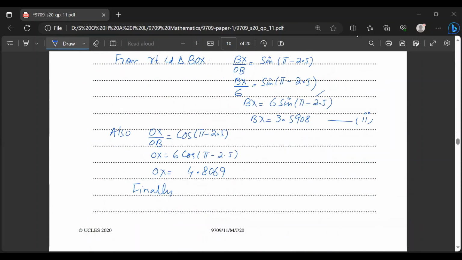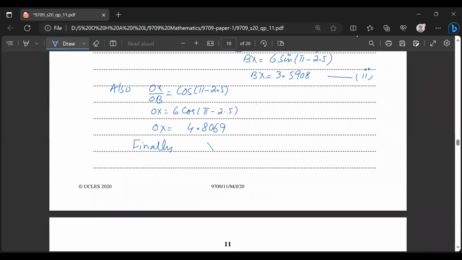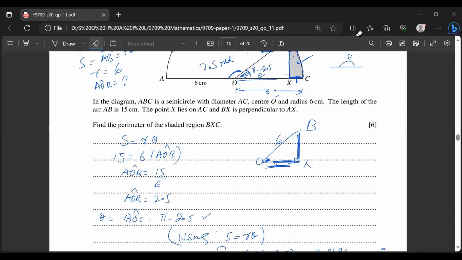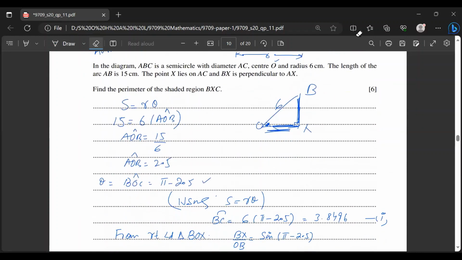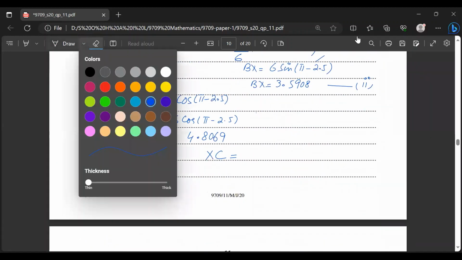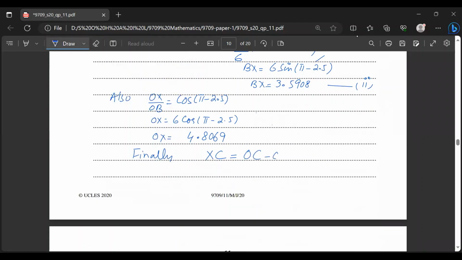Finally, the length XC is the total, OC, minus OX.